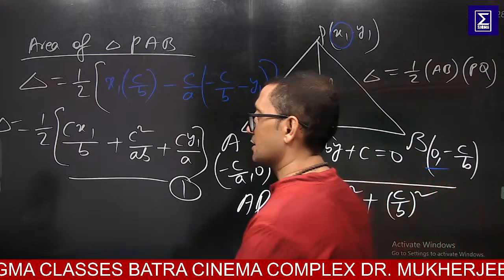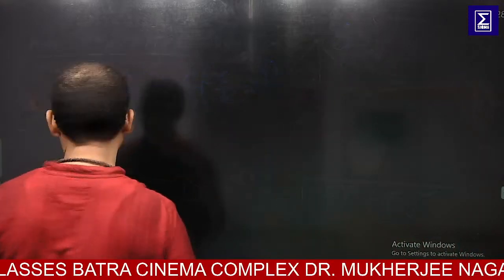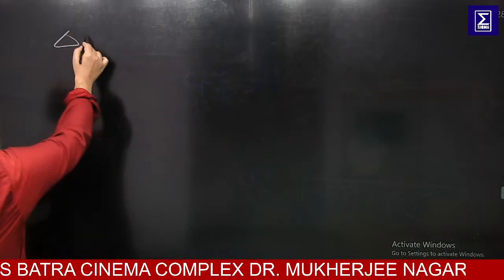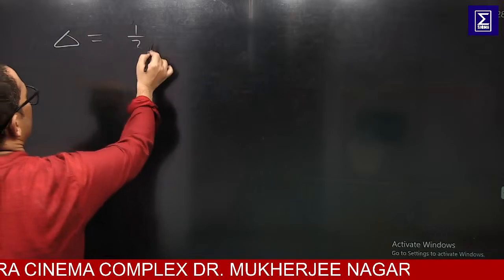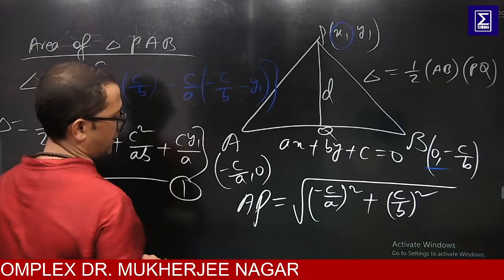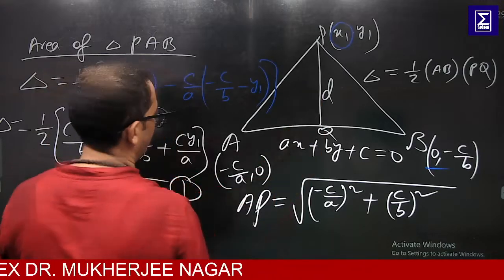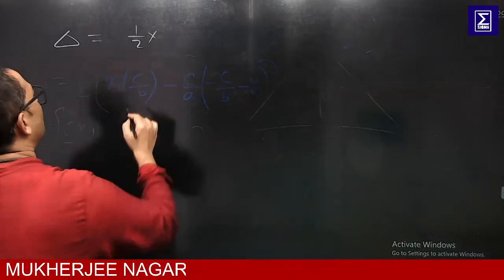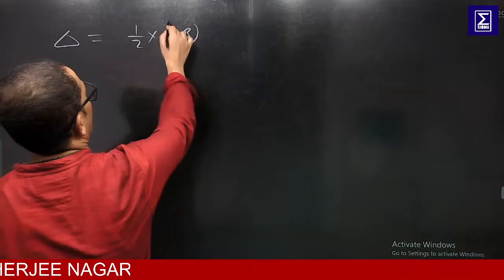So in the next, what is the area of triangle? Half times PQ, AB times PQ.